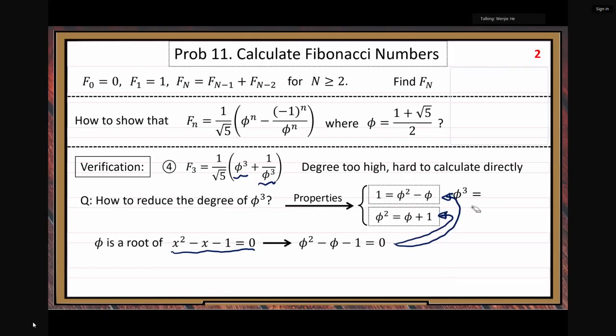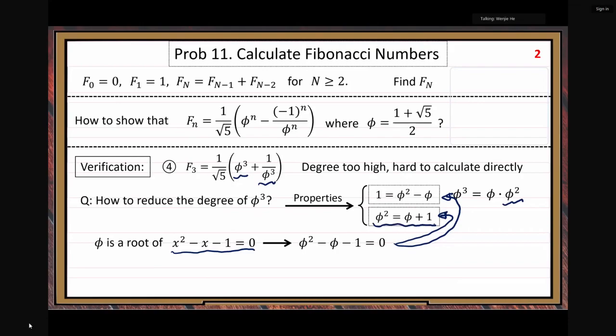Phi cube, now we want to reduce the degree of this phi cube expression. 3 is too high. So we write it as phi times phi squared. When you see phi squared, can you connect to the second property?